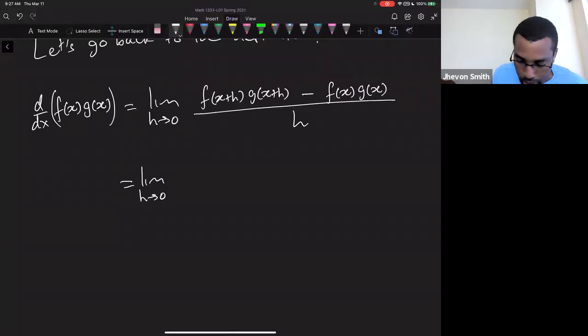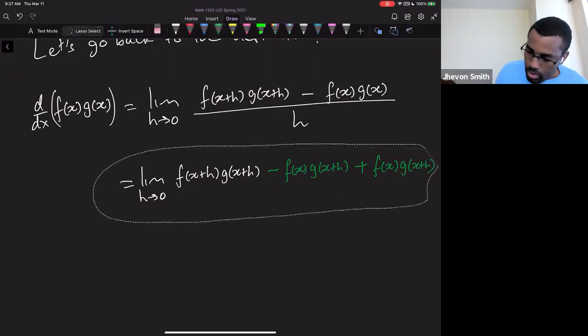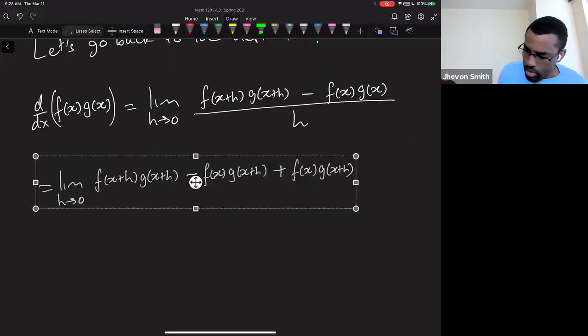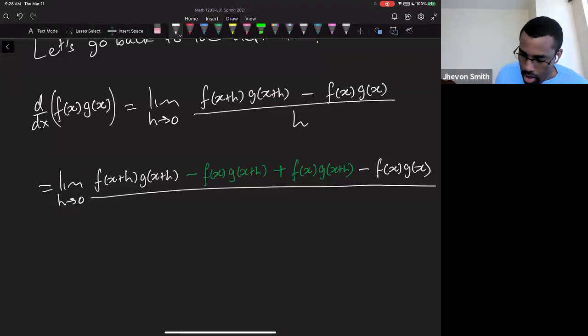So what I'm going to do here is add and subtract f of x plus h times g of x, which is something, so I'm essentially adding 0.